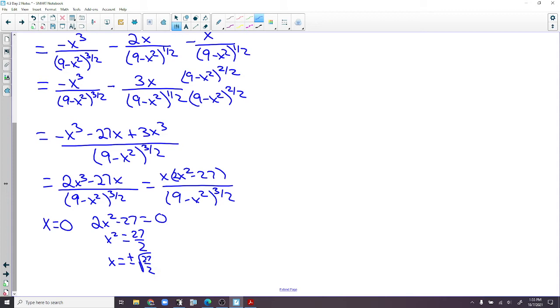Well, let's talk about where it's undefined. So actually we should say it's defined from -3 to 3, right? Inside there. Because if it's 9, you're going to get 0 in the denominator. And we can get 9 by -3 and 3. So it's defined in between there. The derivative is.